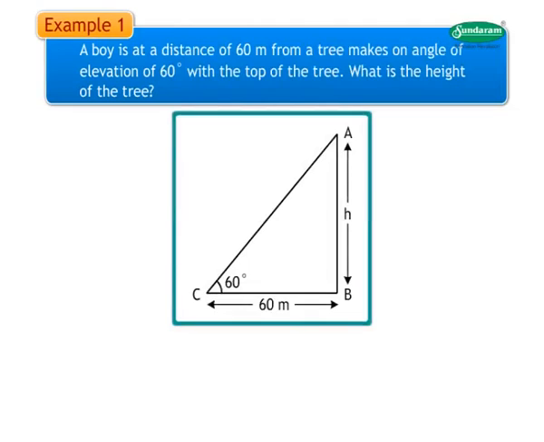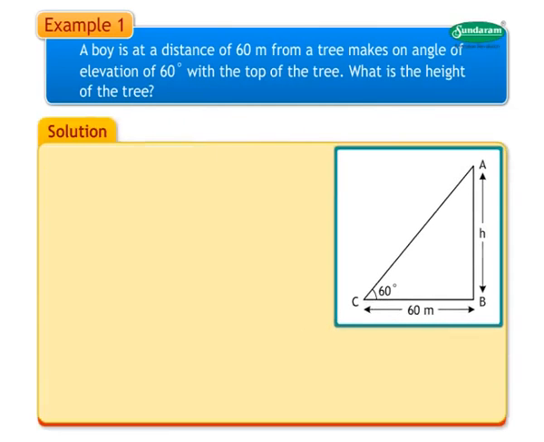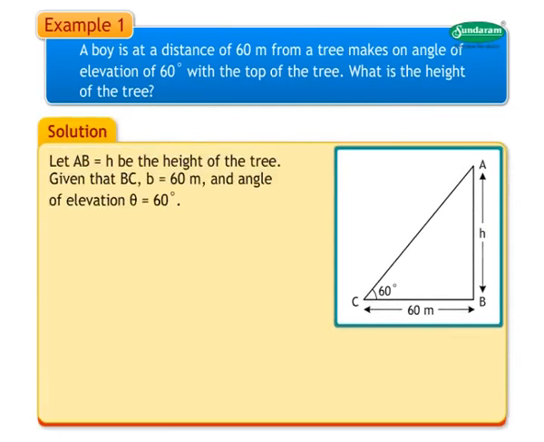Example 1. A boy at a distance of 60 meters from a tree makes an angle of elevation of 60 degrees with the top of the tree. What is the height of the tree? Solution. From the figure, let AB equal to H be the height of the tree.